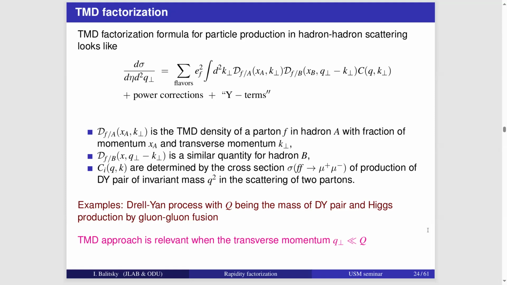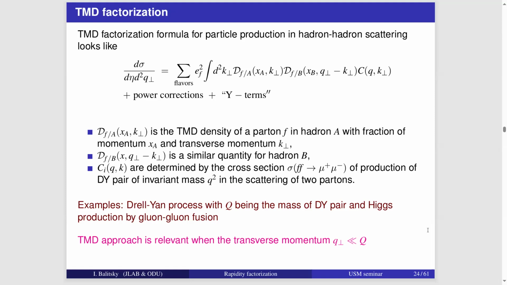The first TMD is the density of the parton f in the hadron A with a fraction of momentum x_A and transverse momentum vector. This is the same for the second hadron. The coefficient is determined by the cross-section of these two partons going, say, for Drell-Yan, into a mu plus mu minus pair.